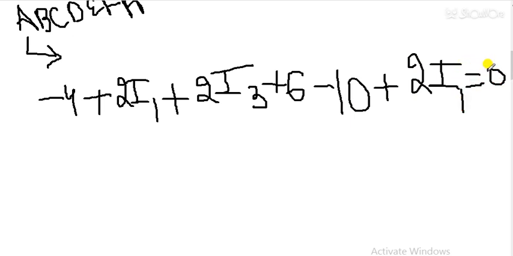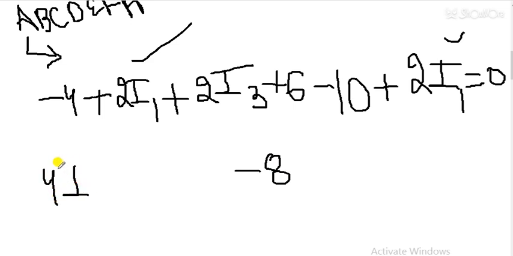So to solve it again, we will combine the constants. Firstly the batteries: 10 minus 4 is 14, so minus 14 plus 6, that means minus 8. So minus 8 is the constant value. So 4I1 will be here, plus 2I3.